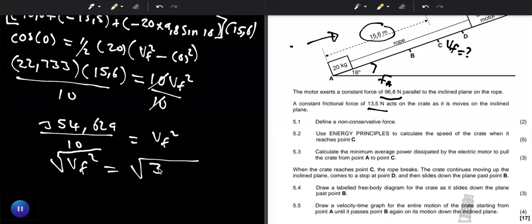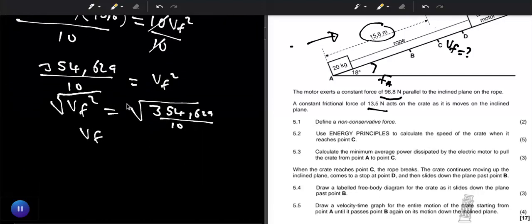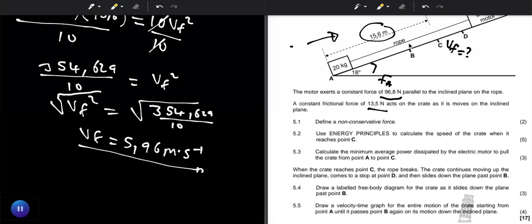It's going to be 354.629 all over your 10. Then you're going to get your VF. Punch that on a calculator. It's going to give you 5.96 meters per second. Now we have the velocity at point C, which means it's 5.96. All right, that was 5.3.